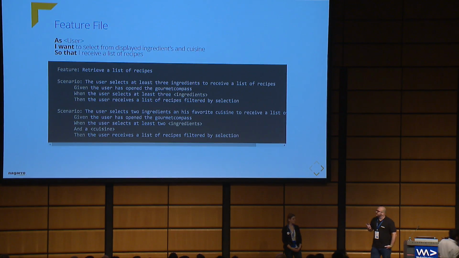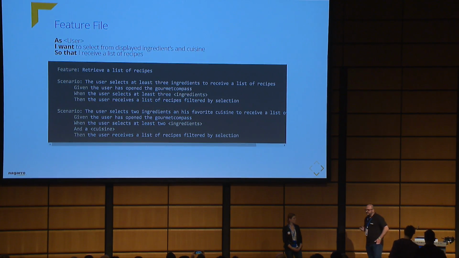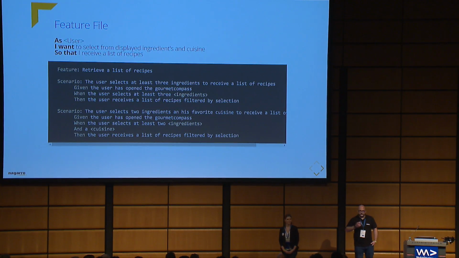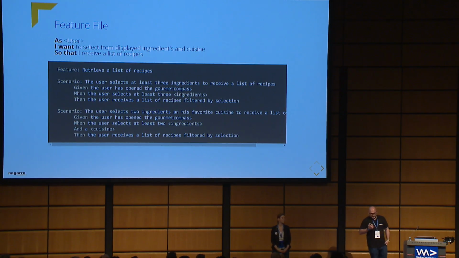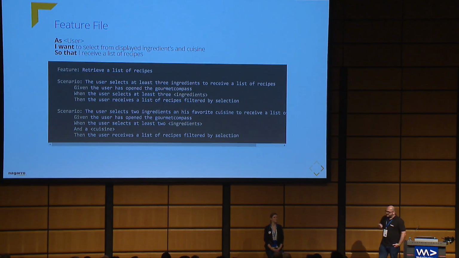It describes the scenario. In one feature file, there can be 1 to n scenarios. But please think about it, don't use it like crazy. We just want to test as little as possible and as much as needed.